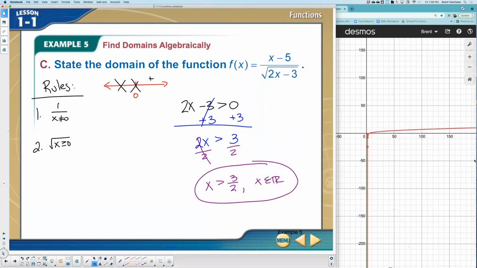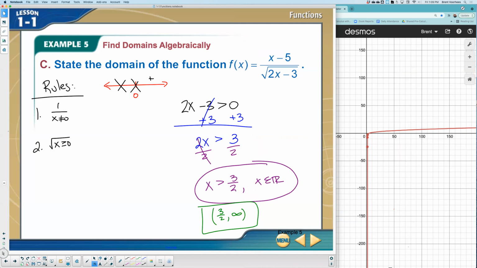Just for good measure, here it is in interval notation. You would say parentheses, 3/2 to infinity. 3/2 is the smallest. It's a parenthesis because it's not equal to. It goes on to infinity. Okay, I want to give you one more before I ask you to do it yourself.